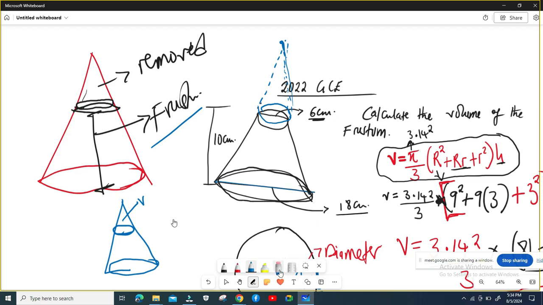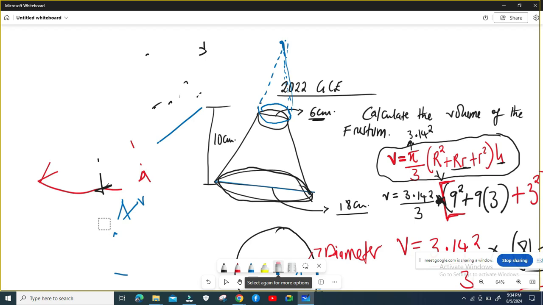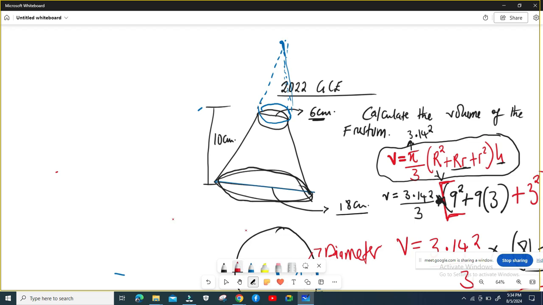Let me just erase this part. So for us to enjoy this calculation, what we are supposed to do is this. One, we need to recognize the concept of similar triangles. Remember, if this is the entire cone, we can create similar triangles.